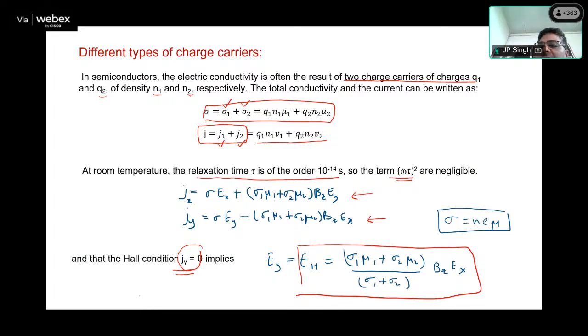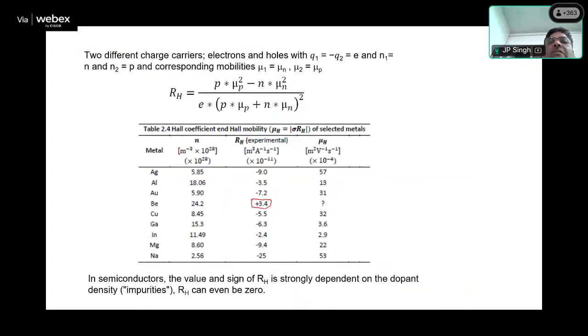And sigma is n q mu. I can write this in terms of carrier concentrations also. So now, in a more generalized form, which is more commonly shown in the books, with mu p for hole and mu n for electron, this is the general Hall coefficient when you have two types of charge carrier.